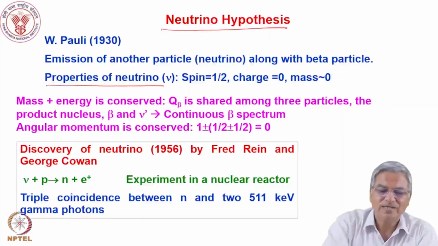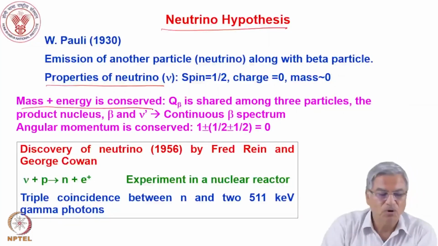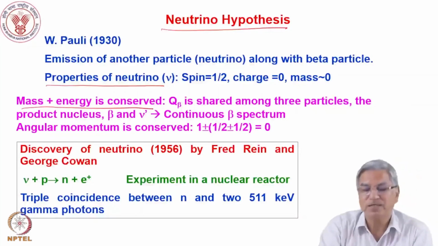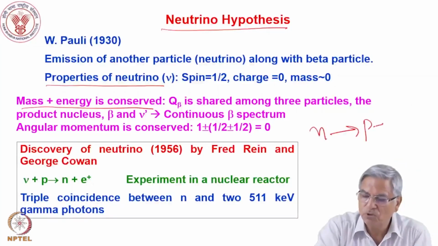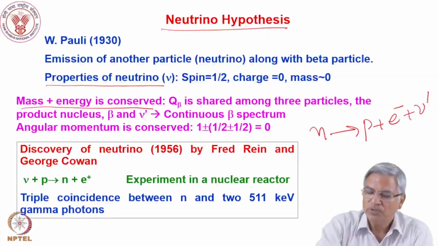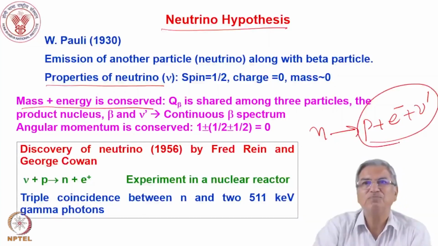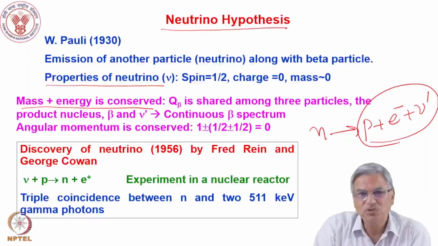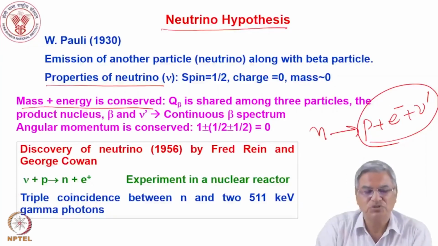So you can see here, when you have another particle, there are three particles now. A neutron is getting converted into a proton, an electron minus plus a neutrino. The Q beta of this reaction is shared among the three particles, and when the Q is shared among three particles, there can be infinite solutions.